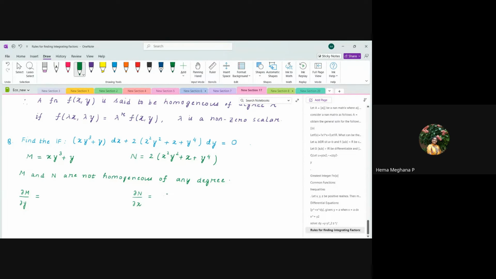Del M by del y is 3xy square plus 1, and del N by del x is 4xy square plus 1.